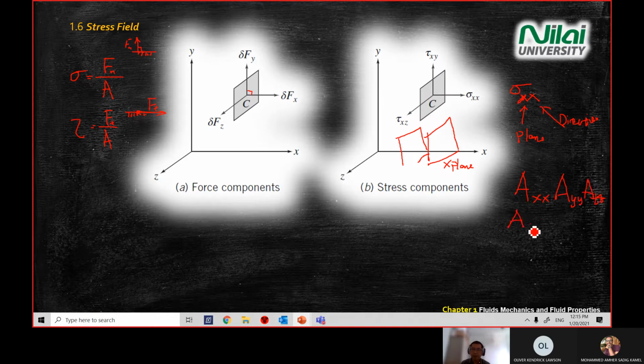If I write xy it will be different from yx. They're not the same. I will test you later on this understanding of the subnotation. Again, the first number refers to the plane. The second one is the direction.